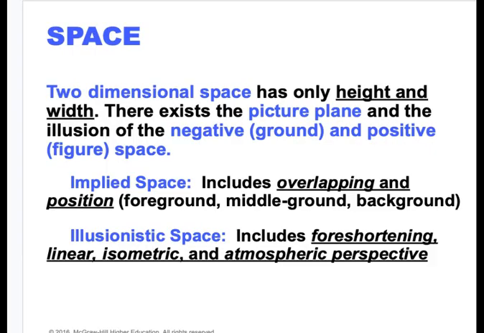So implied space is when you use overlapping and position, like I just described: foreground, middle ground, background. Now, illusionistic space includes foreshortening, linear, isometric, and atmospheric perspective.